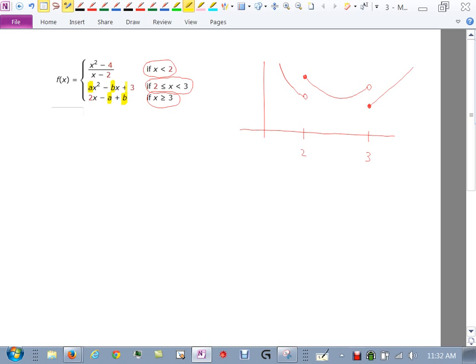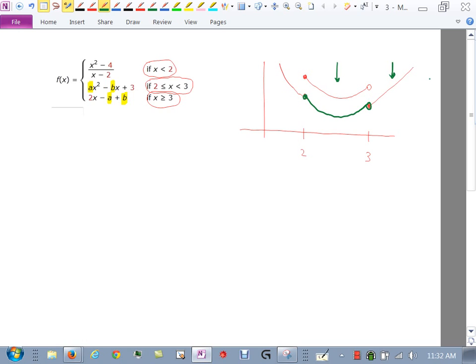By changing a and b, it has the effect of moving or manipulating this parabola up and down, or perhaps even flipping it over to make it go this way instead. And then I can move this line right here up and down. So the question is, how do we choose our a and b so that everything matches up, so that this thing moves down and then somehow comes into this line so it's nice and continuous everywhere.